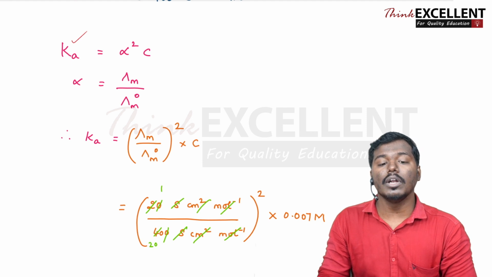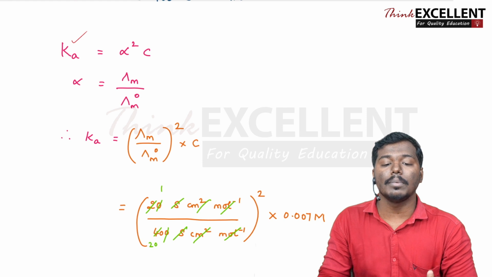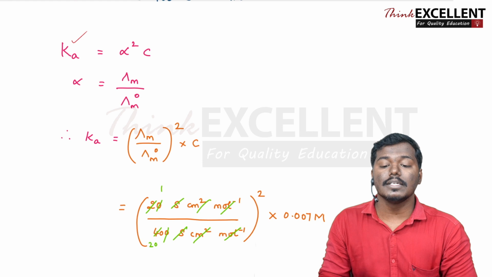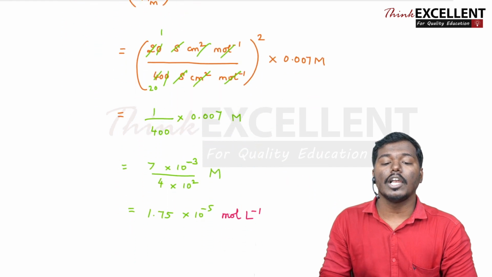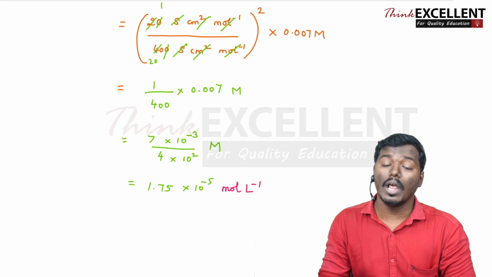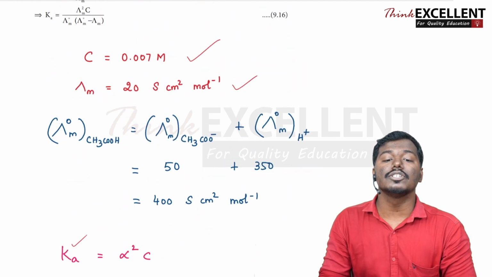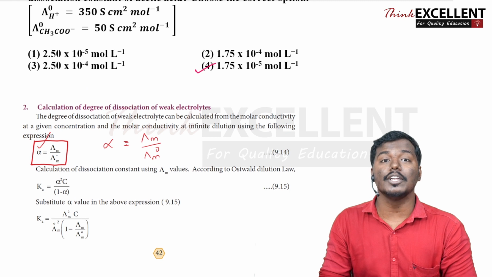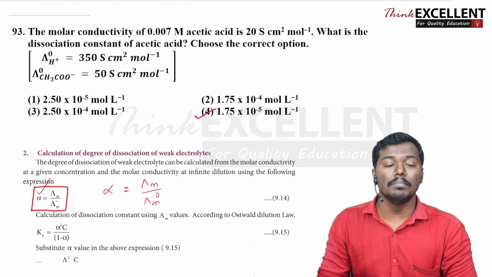So அந்த வேல்யூவை நம்ம இதுல Ka ல substitute பண்ணா Ka is equal to lambda m by lambda m naught the whole square into c. So இப்ப ரெண்டு வேல்யூ நம்மளுக்கு தெரியும், lambda m naught ரெண்டுத்தையும் substitute பண்றோம், as well as the concentration value. You will get the value as 1.75 into 10 to the power minus 5 mole per liter. So இதுவும் நம்ம application of that Kohlrausch law ல படிச்சது தான் dissociation constant, or a simple question, right?